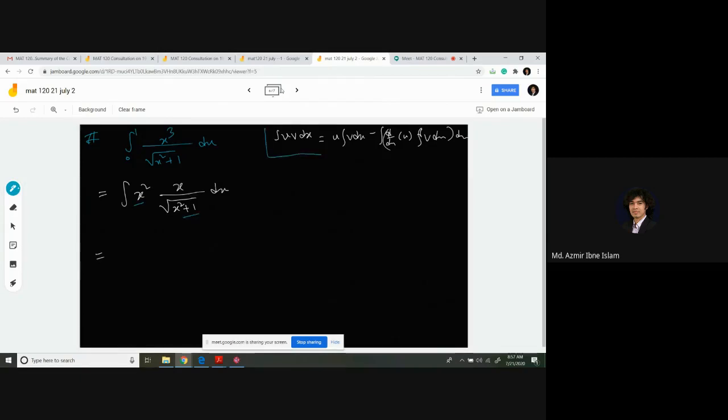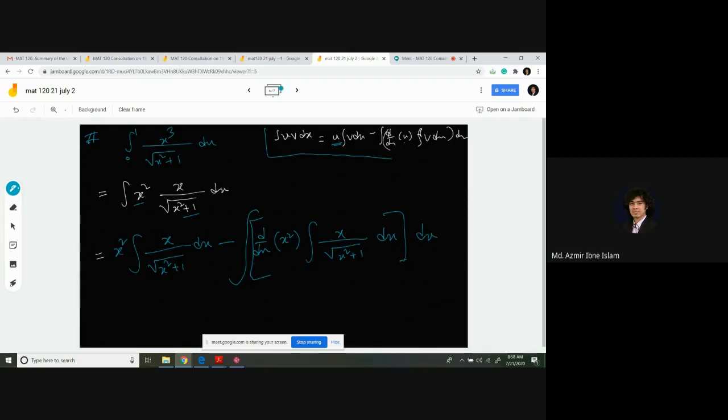So we are applying this concept. x squared is u, so u times the integration of v, negative the integration of the differentiation of the first one, u. So differentiation of x squared times the integration of v, and total integration. Is that okay, Jubair?